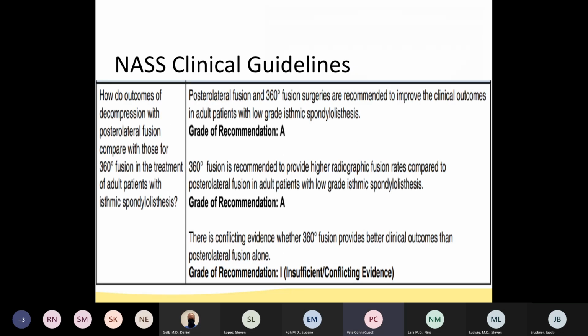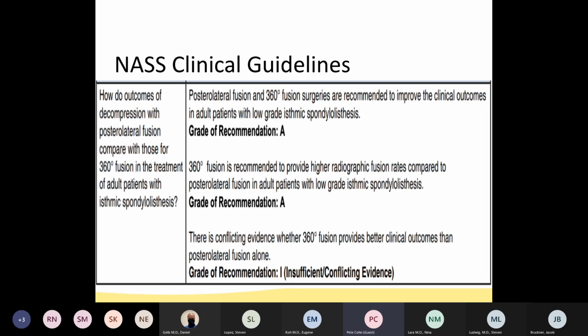So in terms of guidelines from NASS, their recommendation for isthmic spondylolisthesis is that posterolateral fusion and 360 or anterior-posterior surgeries are recommended to improve clinical outcomes in patients with low-grade isthmic spondylolisthesis.